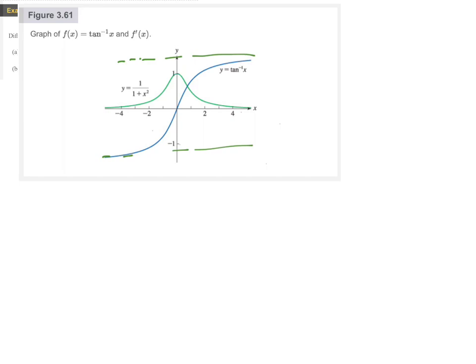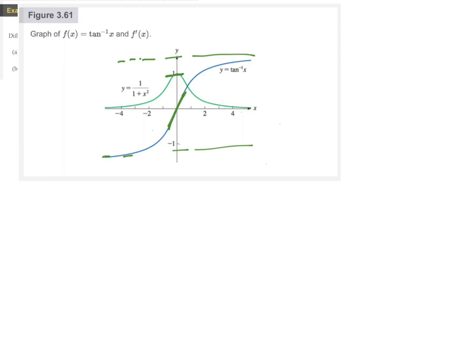Look at its derivative. This is the function y equals 1 over 1 plus x squared. Notice that tangent inverse is always increasing. So its derivative is always positive, always located above the x-axis. Notice also that when the tangent inverse function is the steepest, your derivative has a maximum. This is the peak.